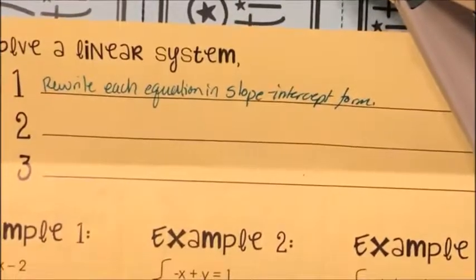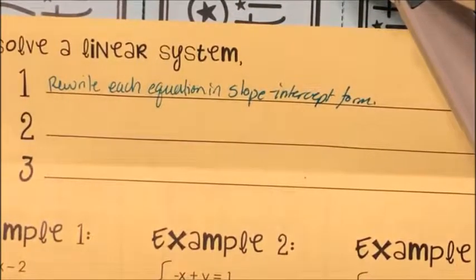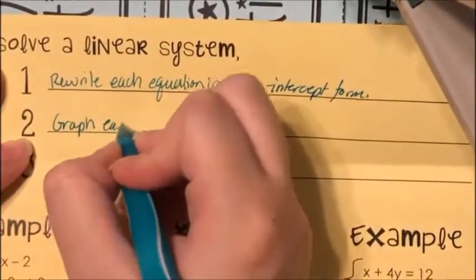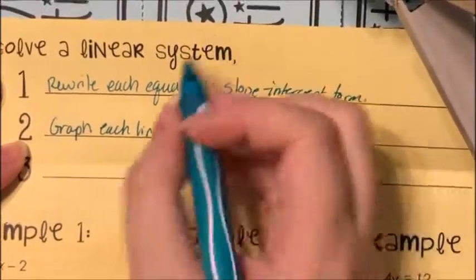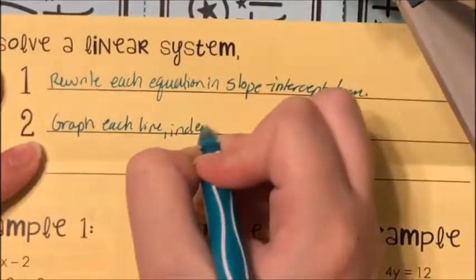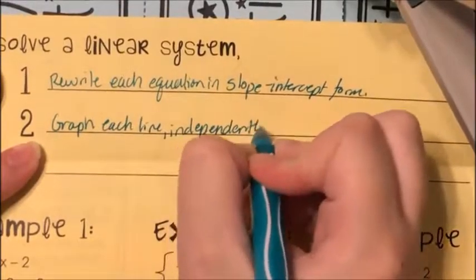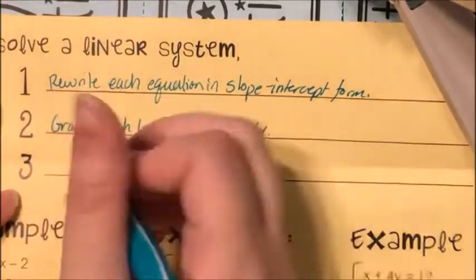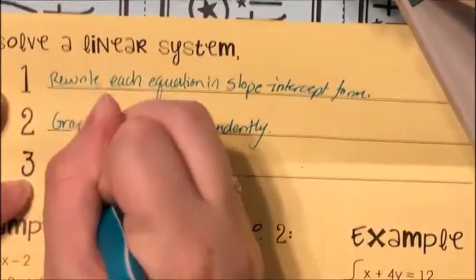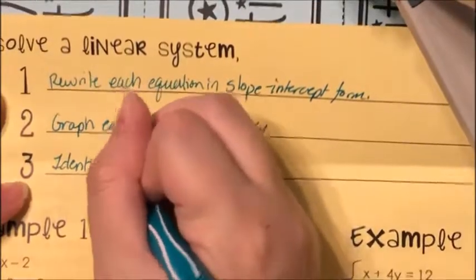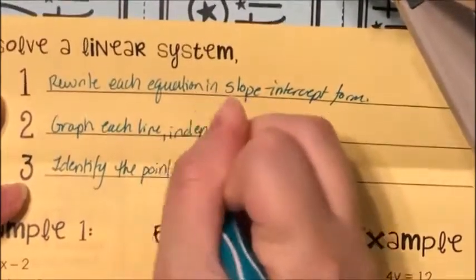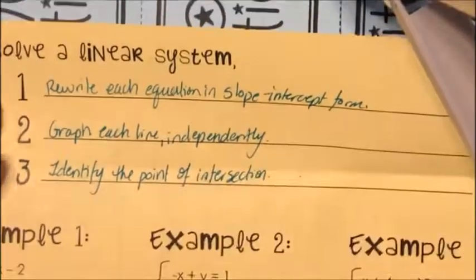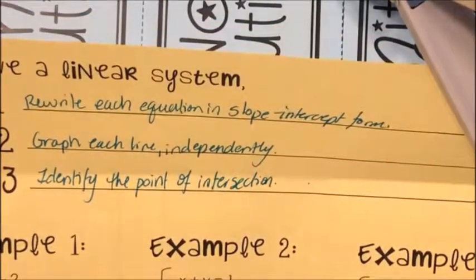So that's that y equals mx plus b form. Okay, step 2 is graph each line independently. Okay, so graph each line. Step 3 is to identify the point of intersection. Okay. So they give us 3 examples.